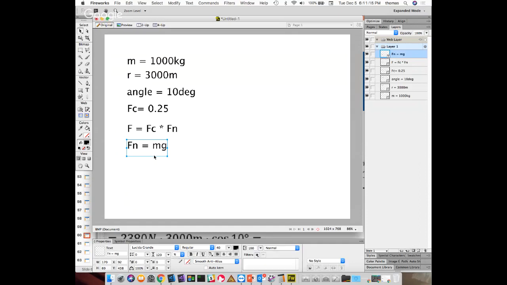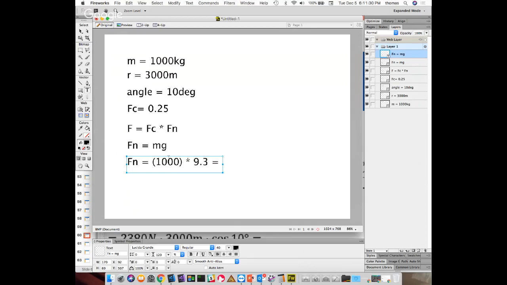So the normal force is equal to 1,000 times 9.8, which is 9,800 newtons. Now again, there's a beauty in not calculating everything at once, but we know these things. So the normal force is equal to this.